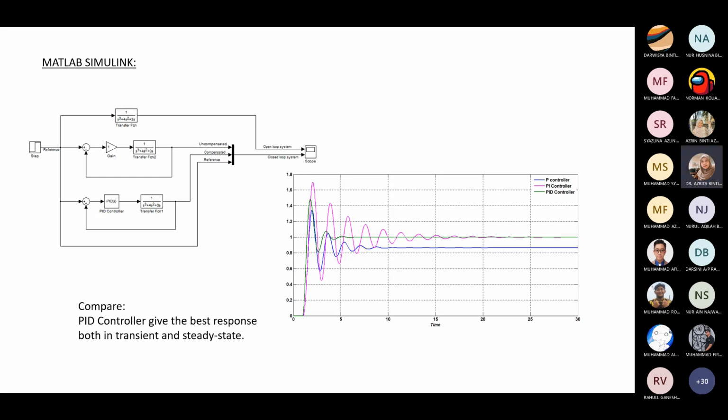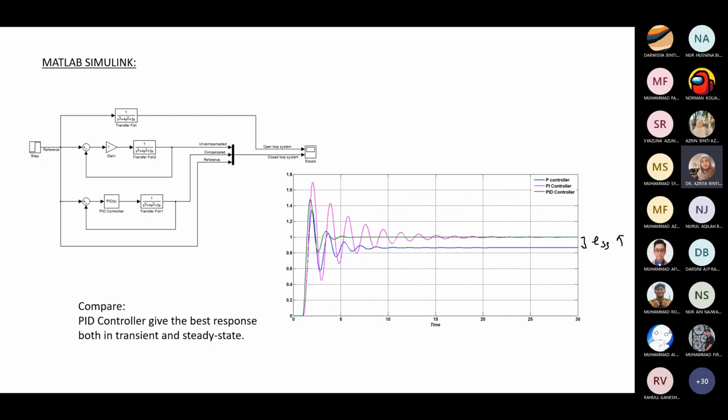When we use only the P controller, we can see the output response has steady-state error, ESS. The ESS is bigger.